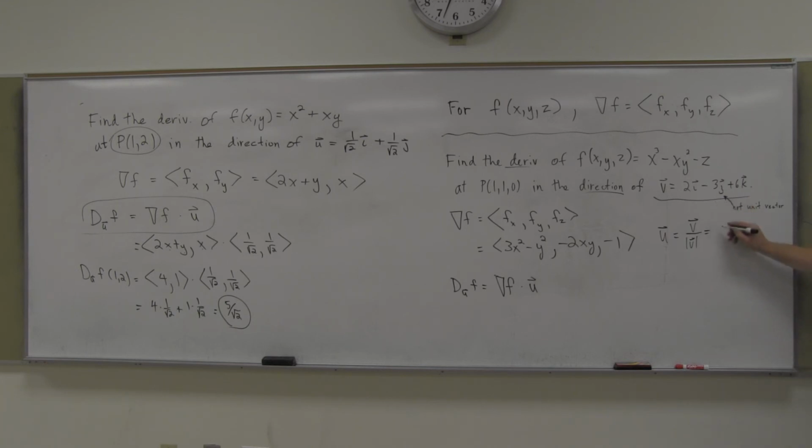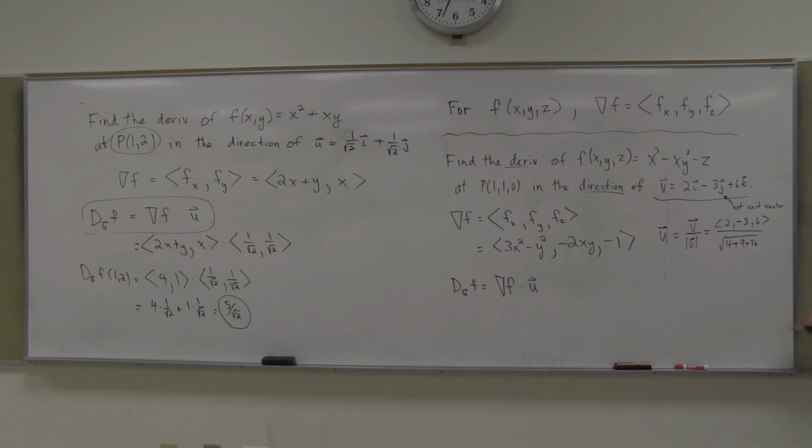So we take the (2, -3, 6) and then divide it by the magnitude, which would be what? Square root of 4 plus 9 plus 36. You just take the components, square them, add them together, and then square root all that.